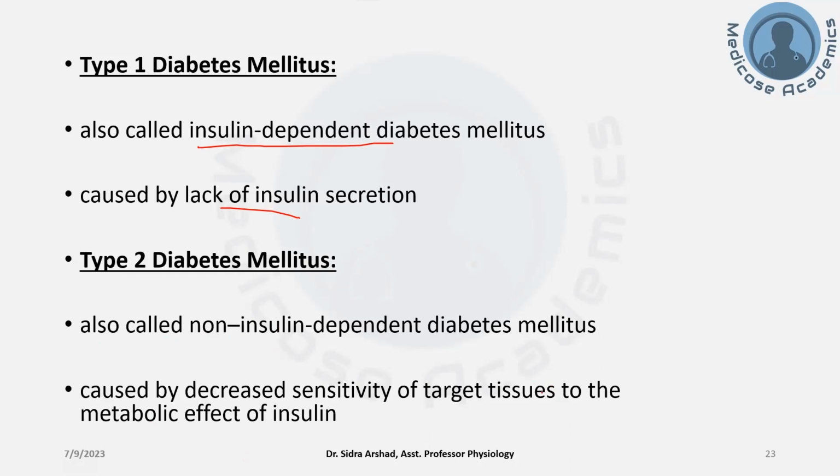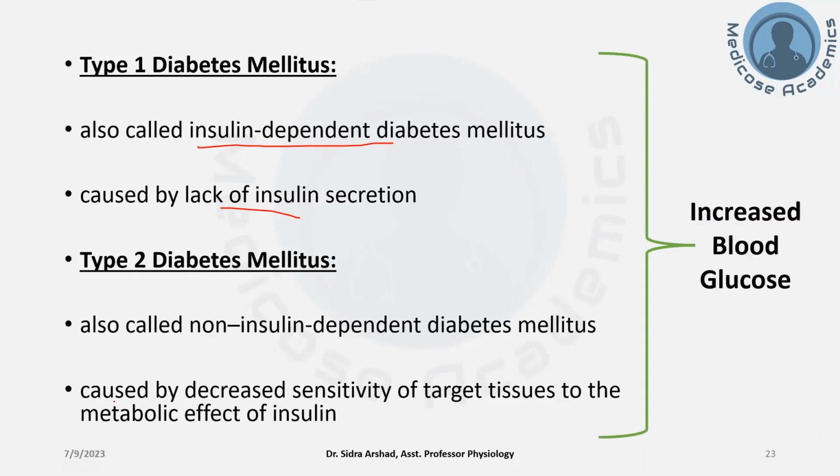The target tissues are not responding to insulin. In both types, the result is increased blood glucose, and there are certain other effects of lack of insulin or its inability to exert its action, characterized by dyslipidemia and unregulated protein metabolism.